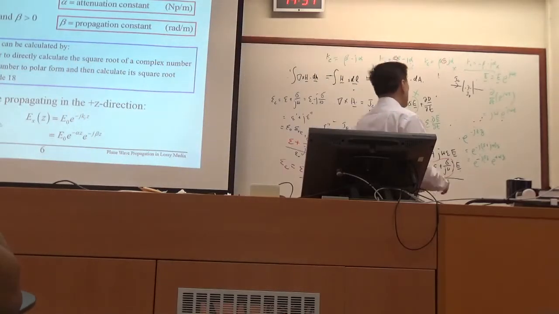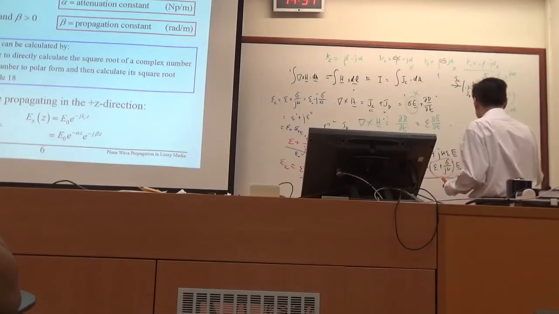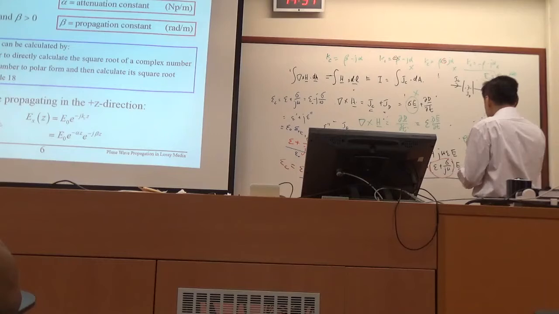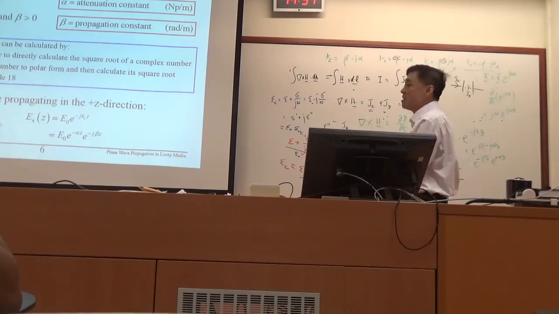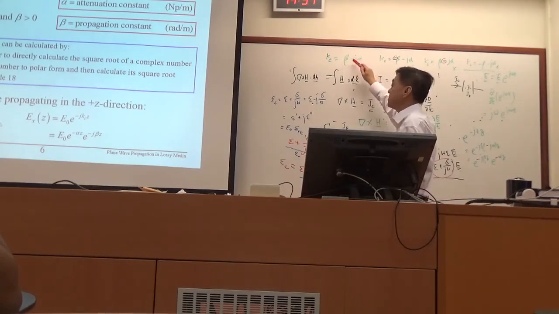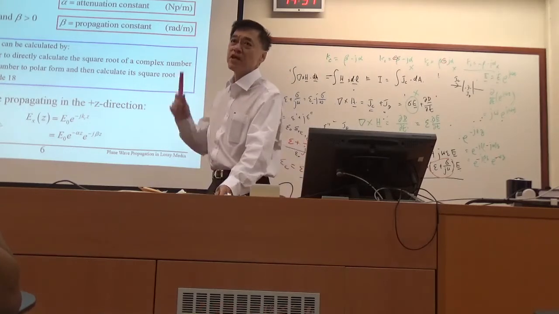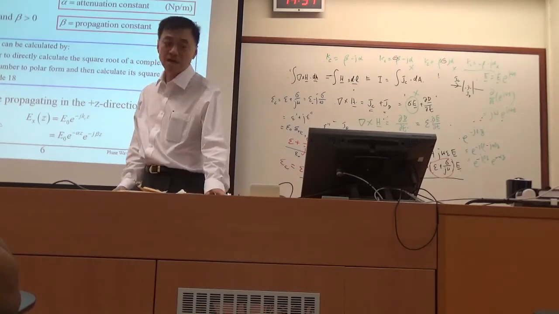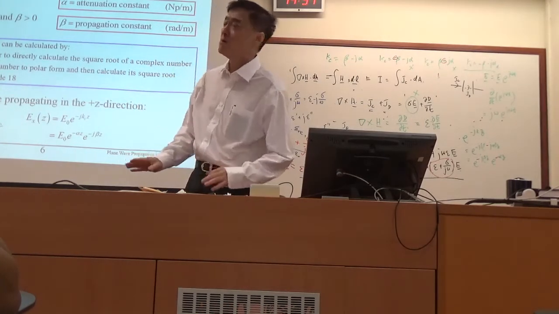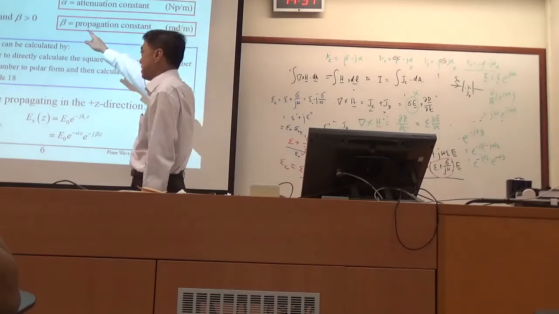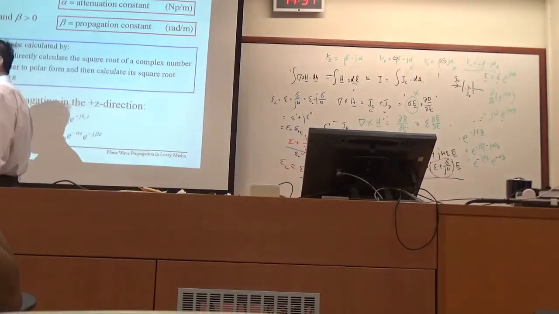So when you solve the equations, you find that it always becomes a positive number with a negative sign here. If you got anything else, check your calculator again, your calculator will be wrong. You cannot get anything else but beta minus j alpha.